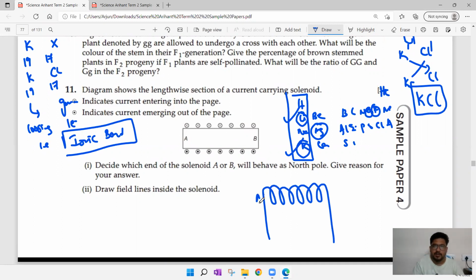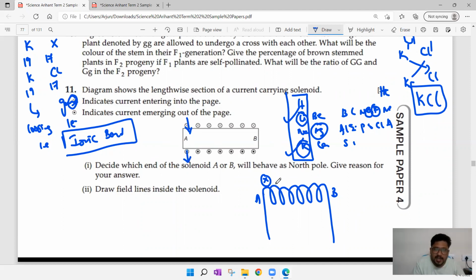This is A, this is B. Now here we have a cross mark. This cross mark indicates current entering into the page, means current is entering like this. This dot indicates current emerging out of the page. So this is current emerging out.